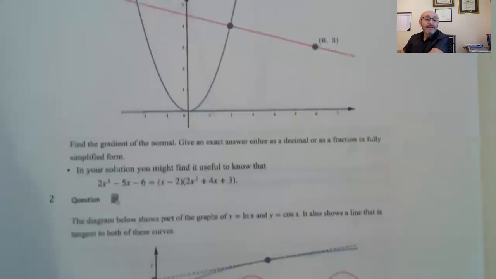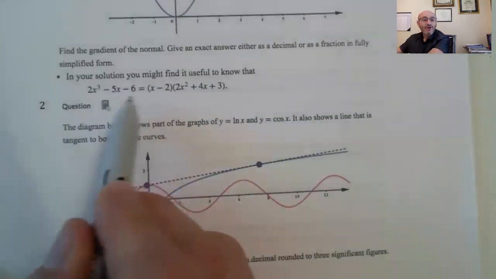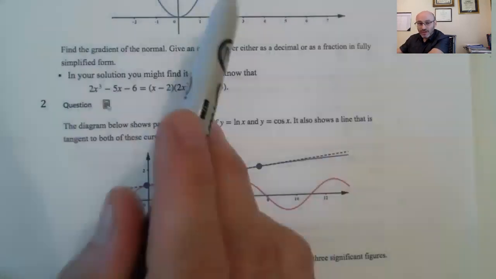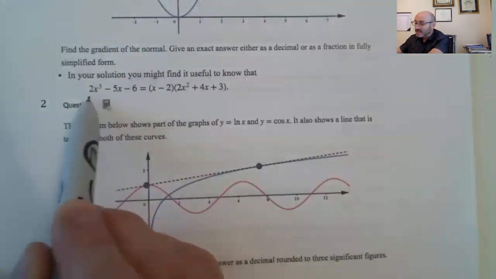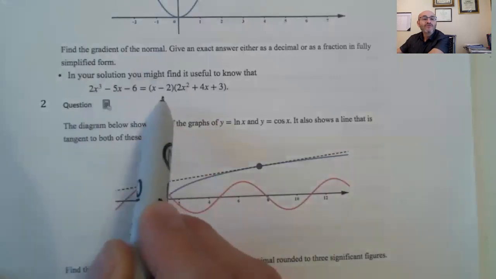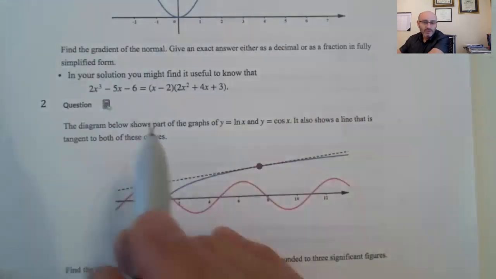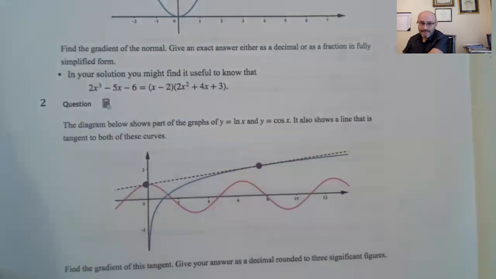Now, this here will help you, because at some point, if you do that correctly, you're going to end up with this polynomial. They're giving you how to factorize that polynomial, and hopefully you can use this information to do that, all right?